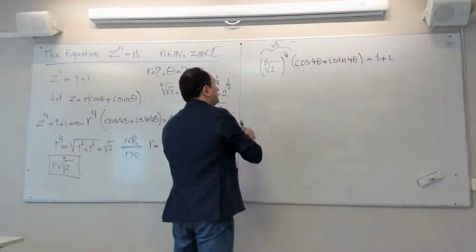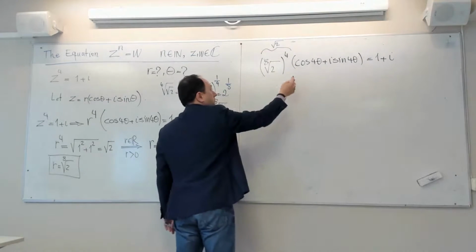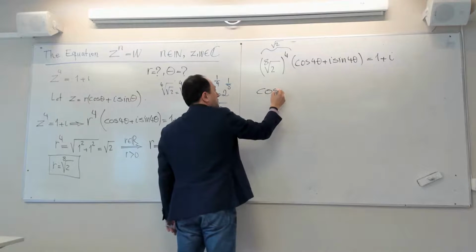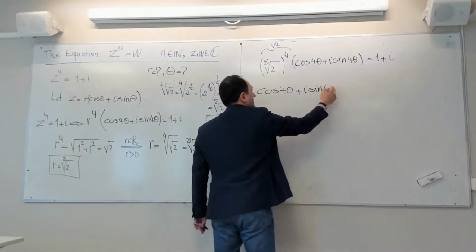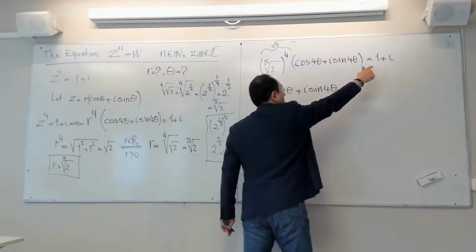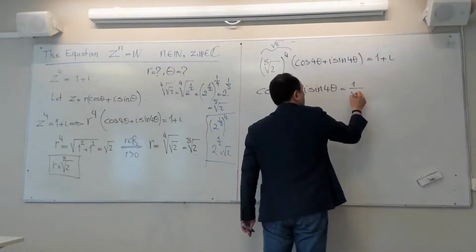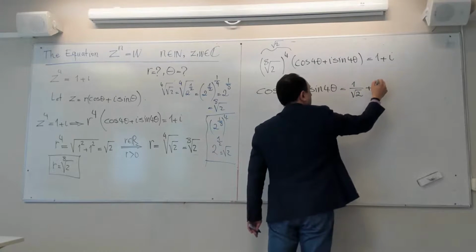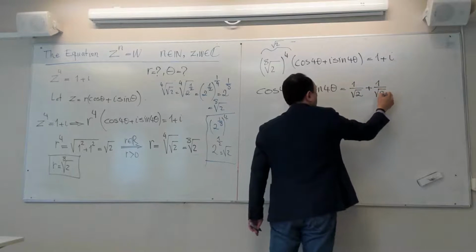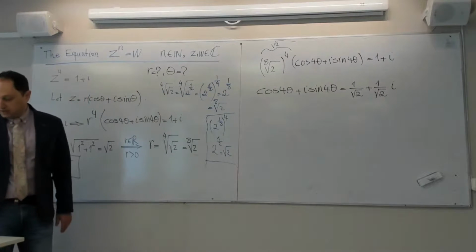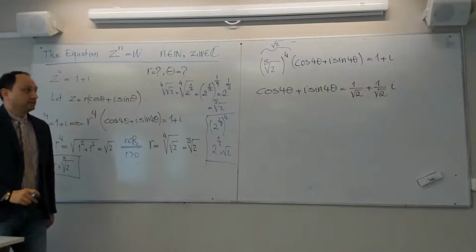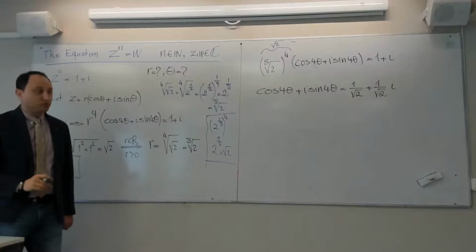And then I divide everything by square root of 2. The left-hand side becomes cosine 4 theta plus i sine 4 theta. The right-hand side, I have to divide this by square root of 2, and I have to divide the other one by square root of 2. Understandable? If you have any questions, please let me know through Zoom.